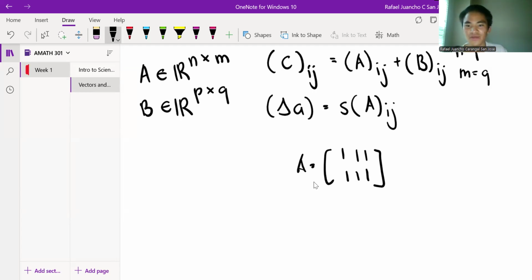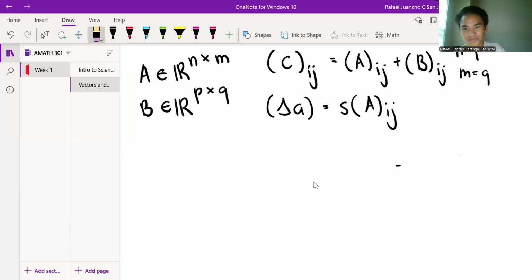If we multiply a scalar to that, let's say my scalar is 2, we just multiply 2 to each of these. So that would become 2, 2, 2, 2, 2, 2. We're multiplying 2 to each element in the matrix A. So yeah, extra stuff, good to know.